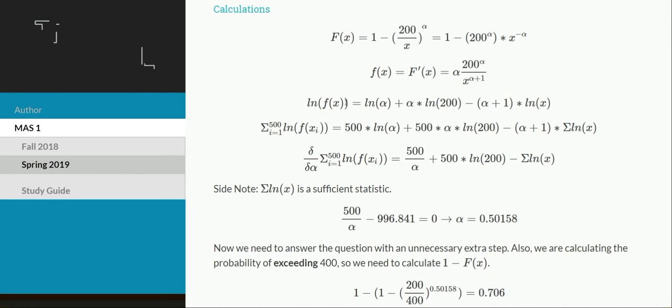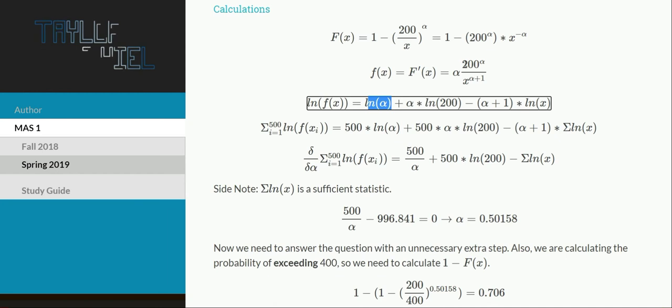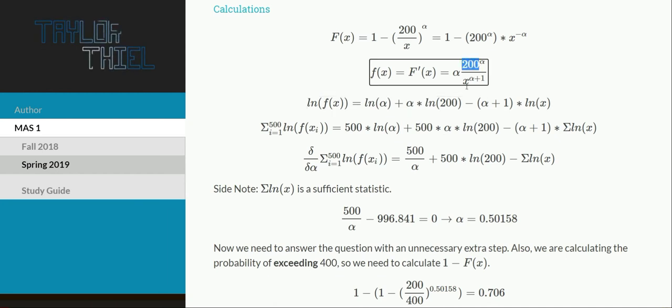Next, we'll recall that we care about taking the natural log of our PDF. Knowing that the natural log of a times b is equal to the natural log of a plus the natural log of b, we can break these out into different components. So first off, this alpha is here. Next we have the natural log of 200 to the power of alpha.